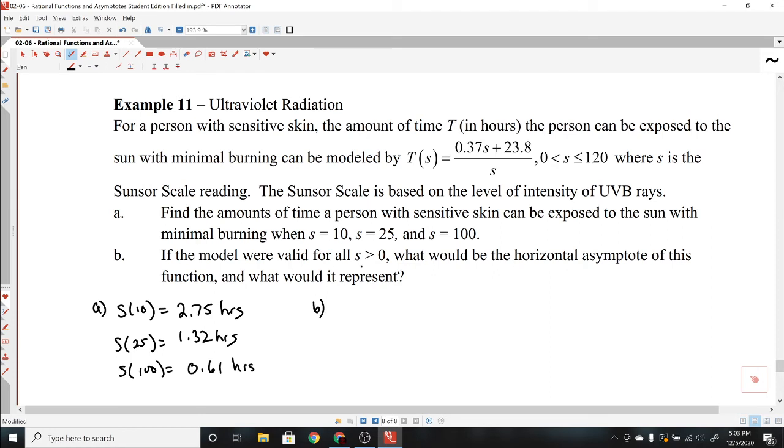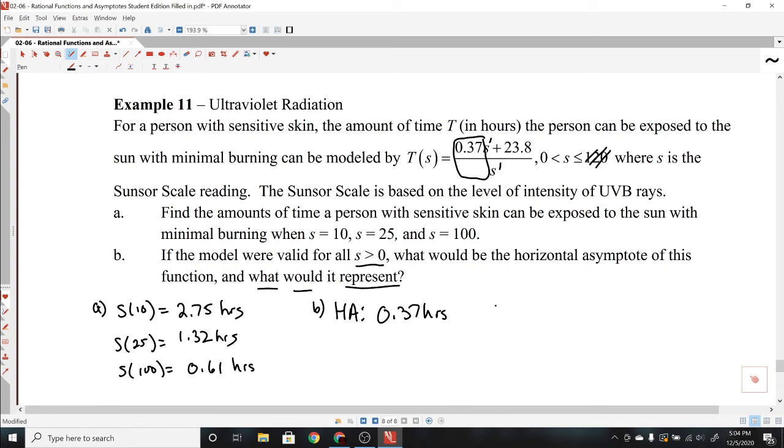So B, if the model were valid for all S greater than 0, in other words, if we didn't limit ourselves to being less than 120, what would be the horizontal asymptote of this function? So again, for the horizontal asymptote, we look and we see it has the same degree on the top and the bottom. So the horizontal asymptote is going to be that ratio. So it's 0.37 hours.